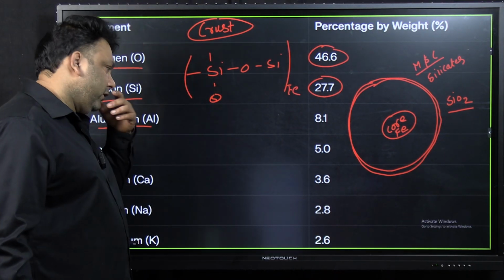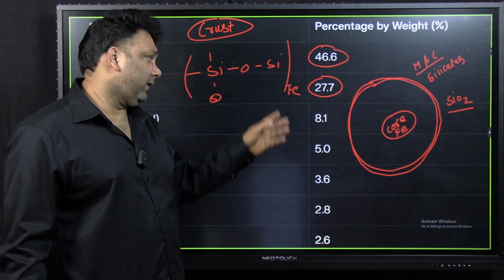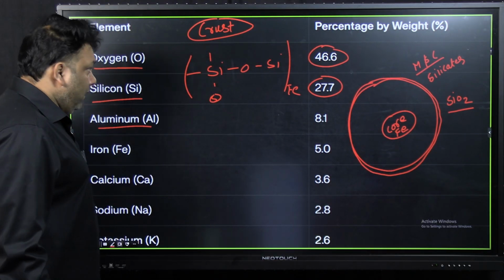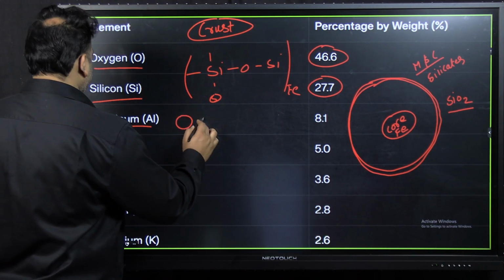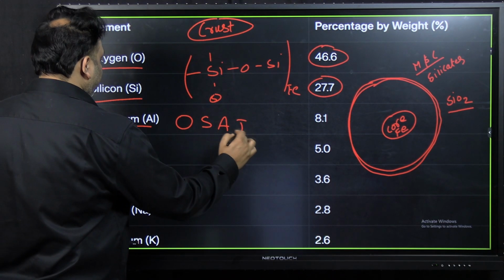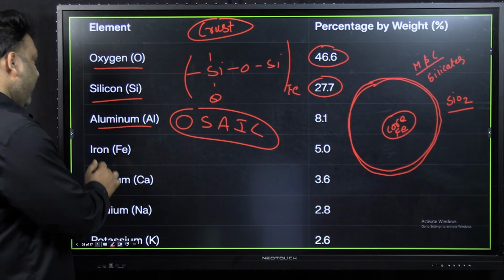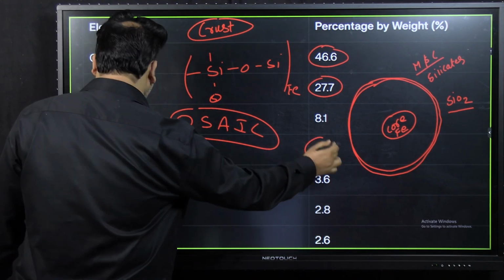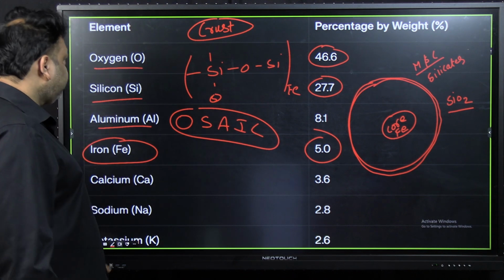Okay, whatever you want to keep, potassium, sodium, iron, magnesium, etc. So these are attached by these metals. And you have this mnemonic also for this, you can remember anyways, okay. Osaic, if you want to remember, you can remember this way, osaic, okay. So iron, you have to remember the concentration, iron is around 5%. So remember only these, okay, rest you can ignore.